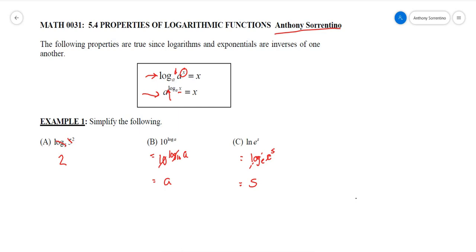That's what we're going to be looking at mainly in this lesson. What if we have a situation where, instead of 10 to the log a power, we have 10 to the 2 times log a power, how do we handle that? Or if we have log base 5 of 5 squared minus 5, how do we handle that, if we can?